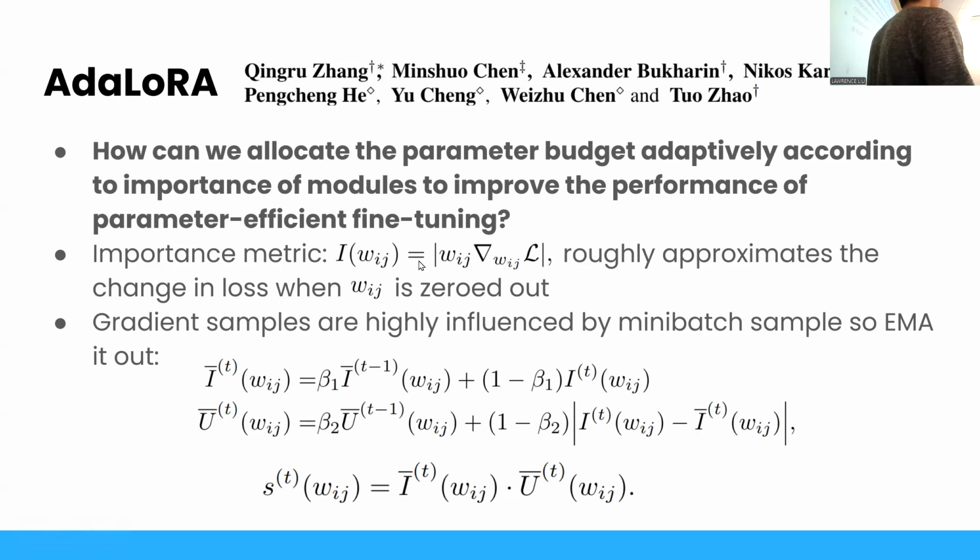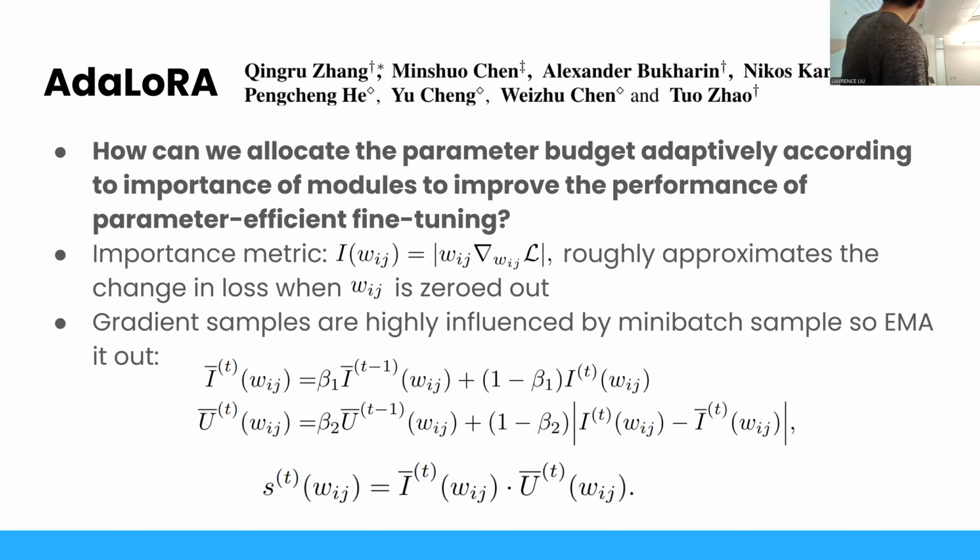The idea of this is that it's a first order approximation in essence of the Taylor series, and allows you to approximate basically what happens if you zero out W_ij. Actually, Tuo, who's the last author who I also worked with, he very much likes this importance metric, and he uses it in a lot of his papers for all kinds of different stuff.